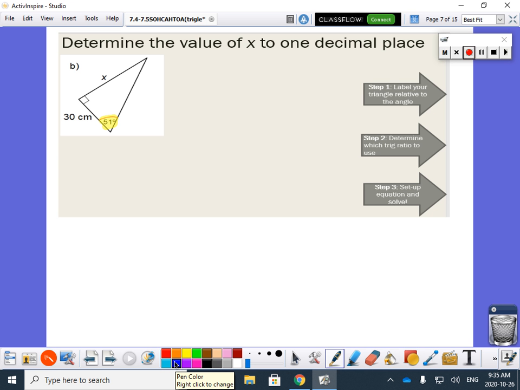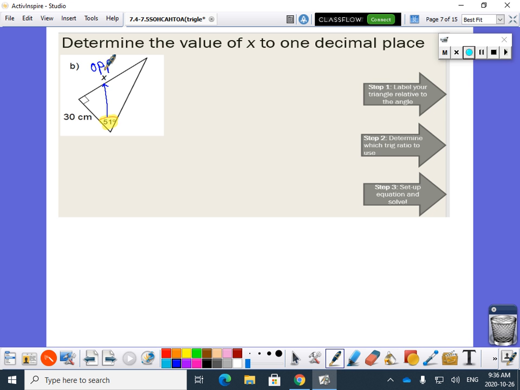If this is our angle here, I'm going to draw a line from the angle to the side opposite to it. So what is the label of this side? Opposite. Okay, are we okay with that? So if this is our angle of the question, we just learned on the last couple slides that in order to label our triangle correctly, the side opposite to the angle is our opposite side, OPP.